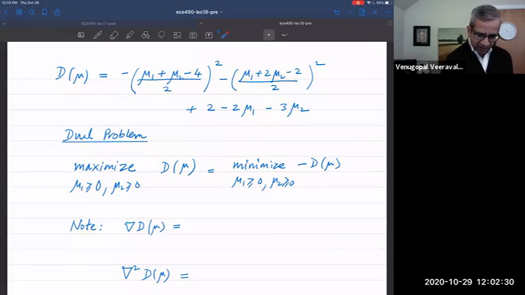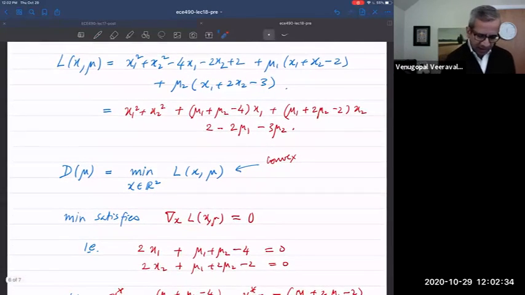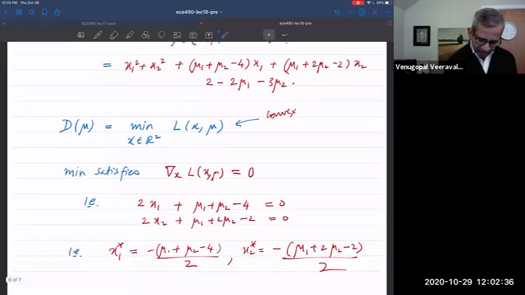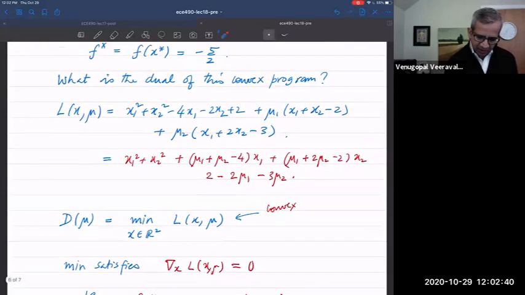So why do you get that? Because basically x1 squared is this squared, and then this mu1 has essentially the same term, x1 plus mu1 plus mu2 minus 4.